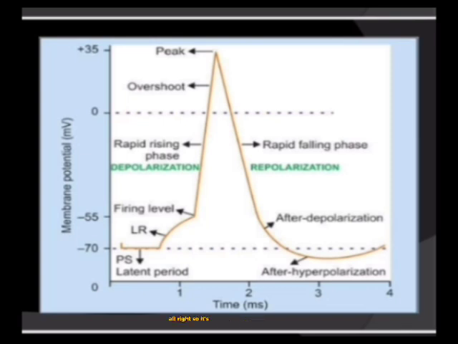Alright? So it's getting from 0 to plus 10 to plus 15 to plus 18 to plus 30 until it gets to its peak, which is plus 35 millivolts.